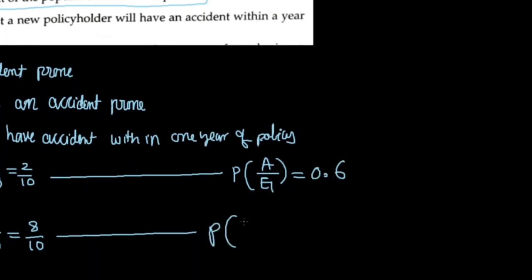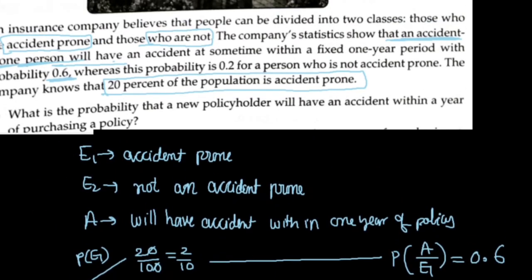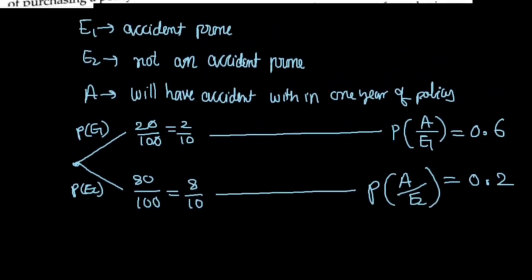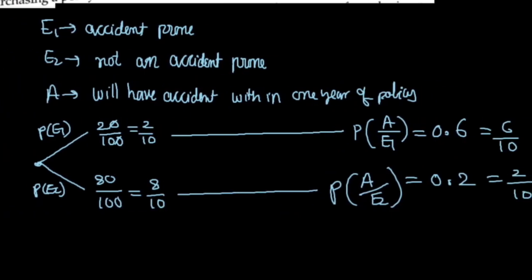And the probability of an accident when the person is not accident prone is 0.2. 0.6 is 6 by 10, and 0.2 is 2 by 10. So we got the tree diagram.